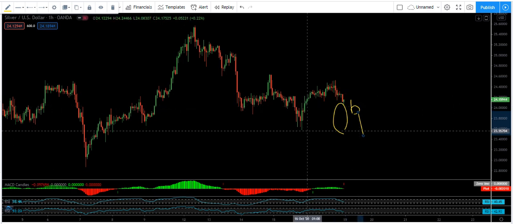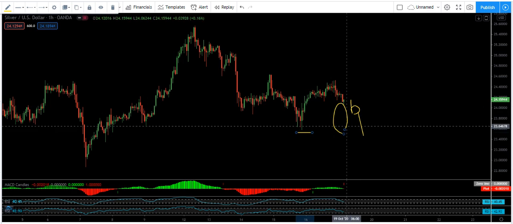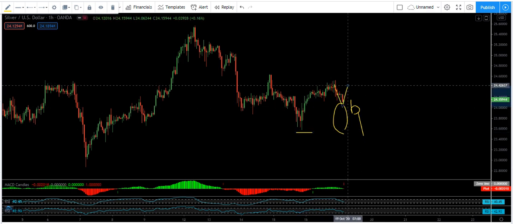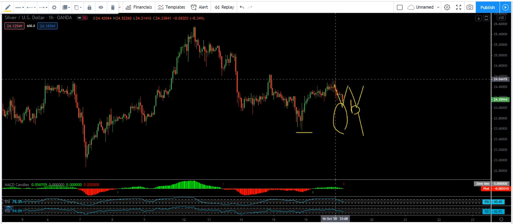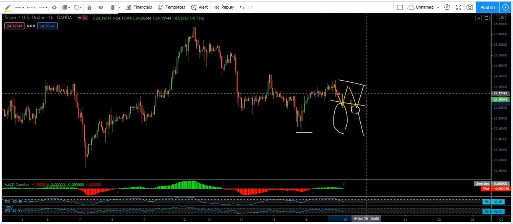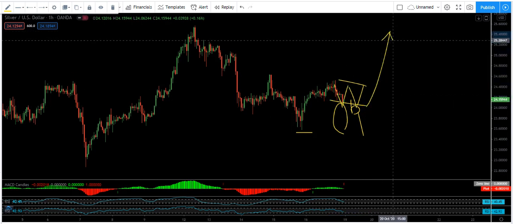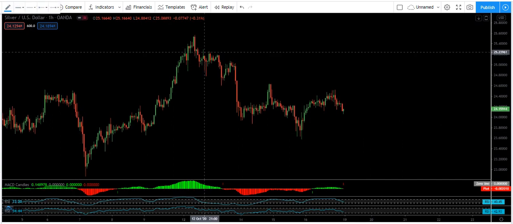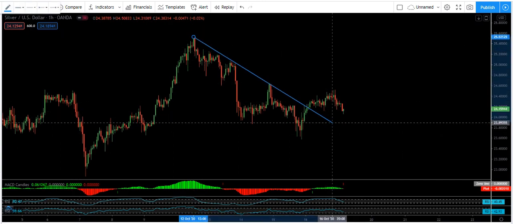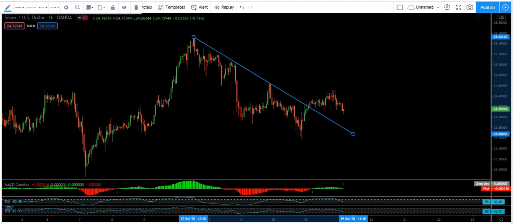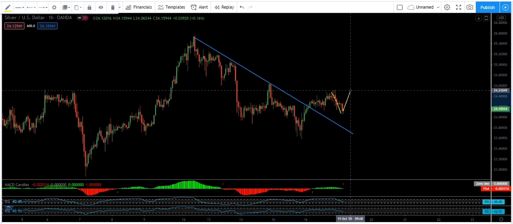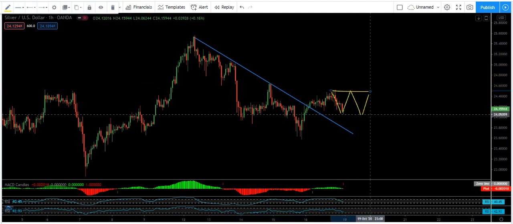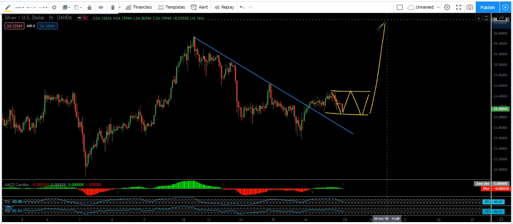That's why I give this option to have entry below this, and the reason is we expect the correction. There is a possibility we get the correction here, we are not sure what type of correction, and there is an up move. Now we talk about the down move and the up move also. Again, if we get the correction here, then the down move is not valid, then we need to look for the up move.